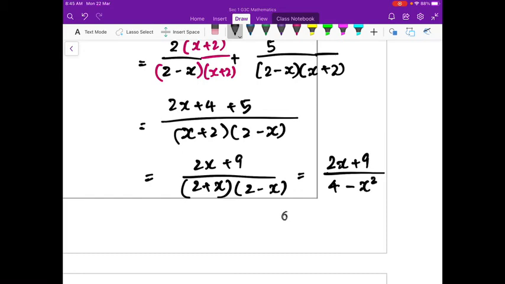Then it becomes 2 plus x, 2 minus x. Can you see that? This is the same as 2 squared minus x squared. So you have 2 plus x over here, 2 minus x over here. So this is the alternative. But this is fine also.